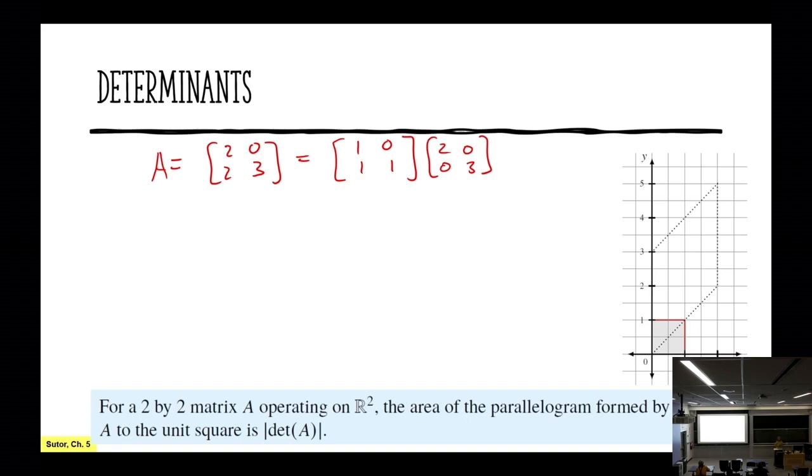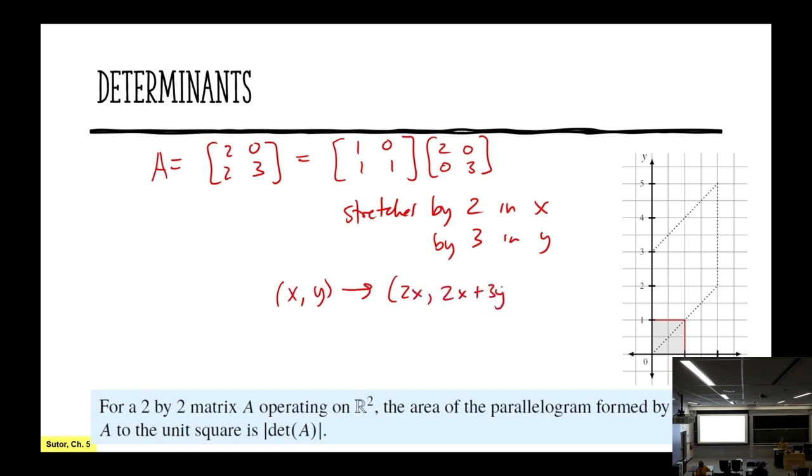And what this does is it stretches by 2 in the x direction and by 3 in the y direction. And it applies a vertical shear. So I basically take x comma y to 2x comma 2x plus 3y.